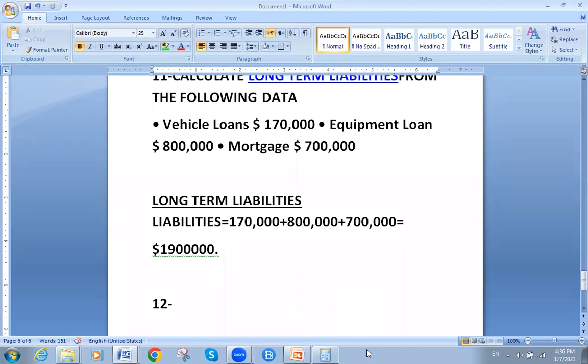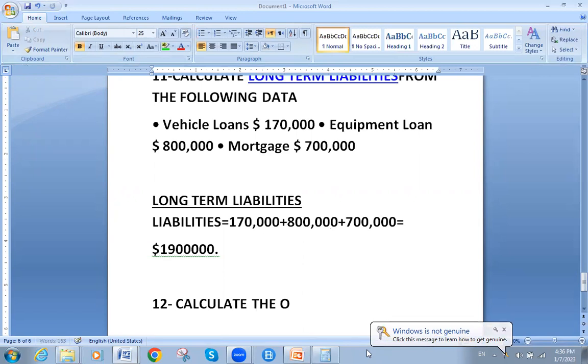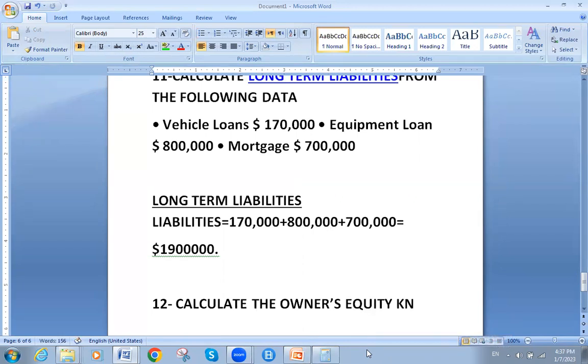Let's say, calculate the owner's equity, knowing that the capital invested, in dollars, is 100,000.